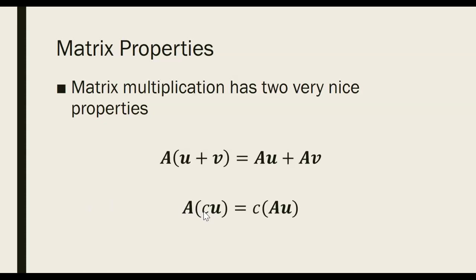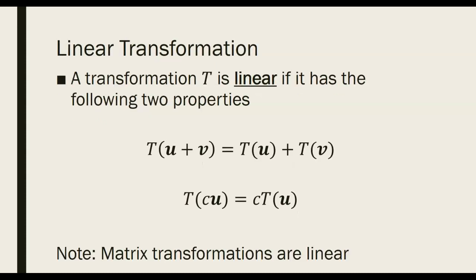I'm using the word preserve loosely, but you get the point that it's working nicely with vector addition and with scalar multiplication. Now that means that matrix transformations are a special type of transformation.